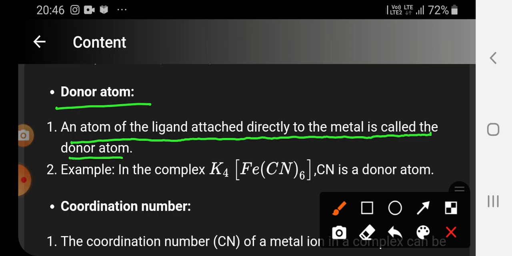For example, in K4[Fe(CN)6], the Fe2+ ion is directly attached to the carbon of CN-. So in the given example, carbon is the donor atom and its coordination number is 6, so it will show an octahedral structure.